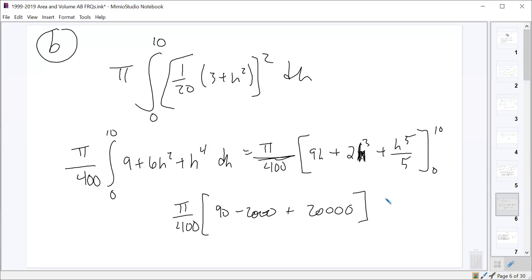So we end up with 22,090 pi over 400, or 2,209 pi over 40. Good or no? Any questions or issues there?